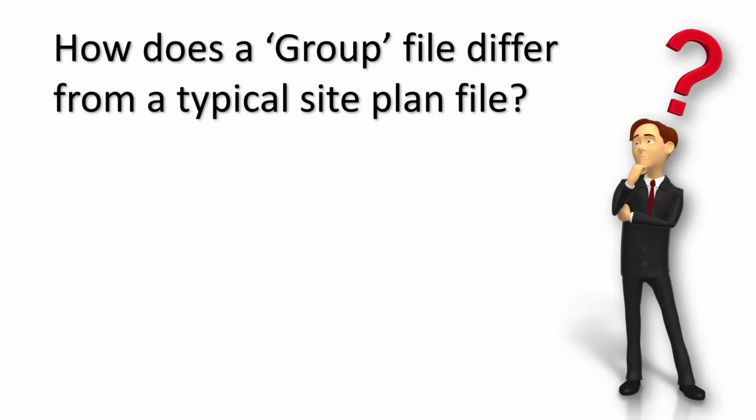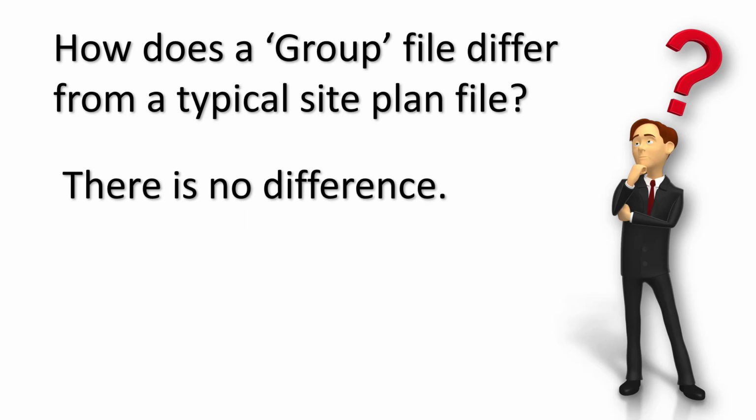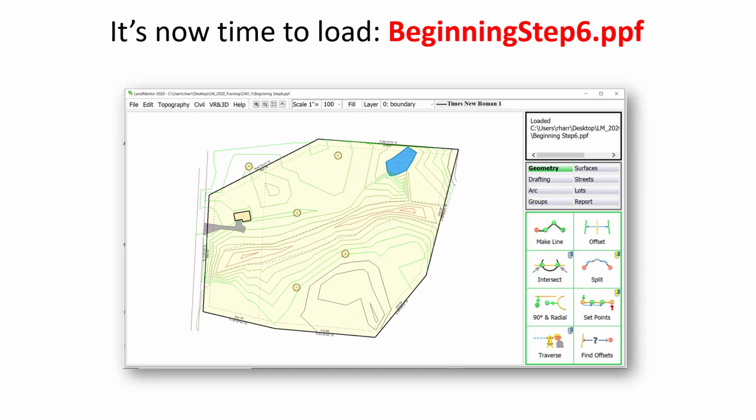So how does a group differ from a typical site plan file? There is no difference. If there was any difference, I would say it would be that the topography is not brought into your file, because obviously you don't want to do that. So the topography is ignored.